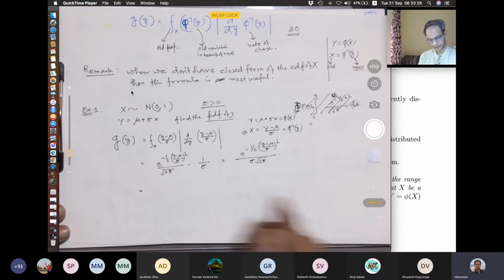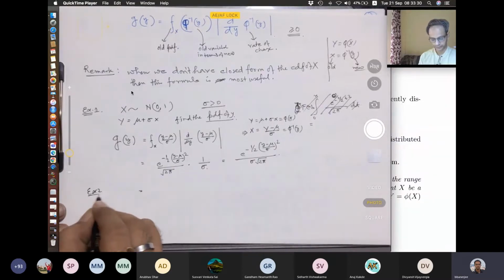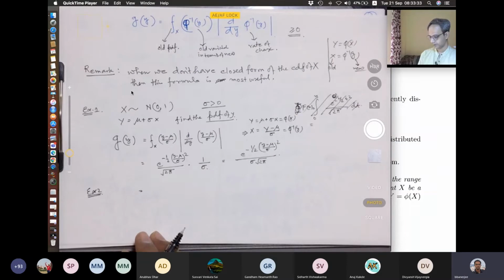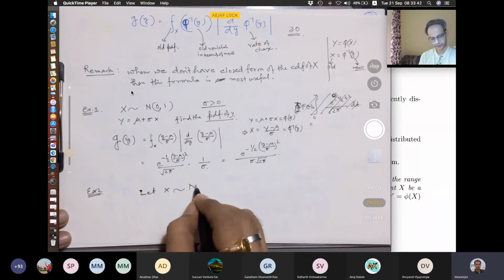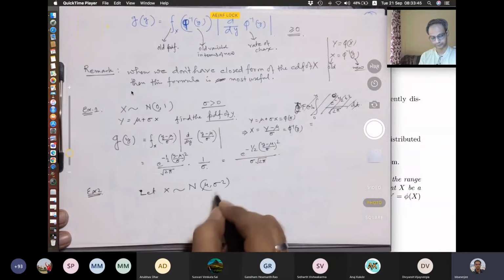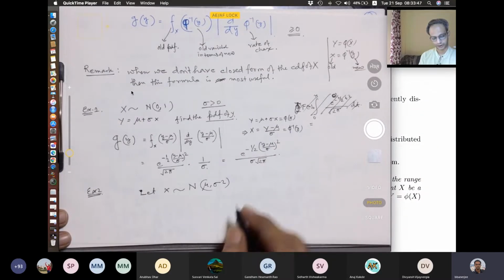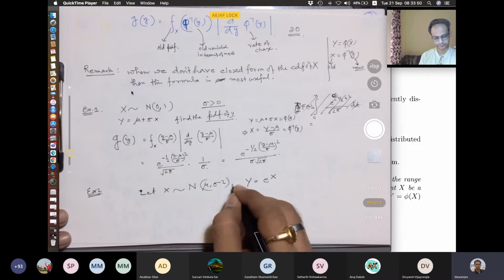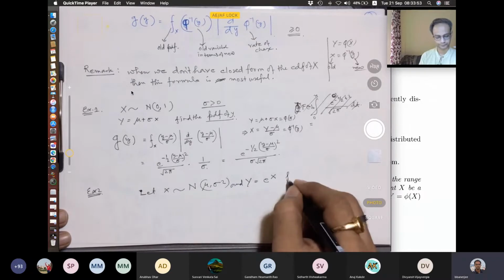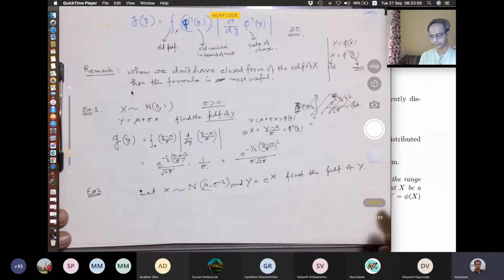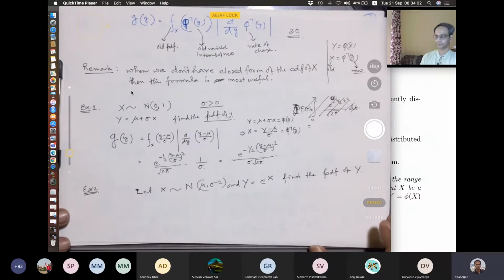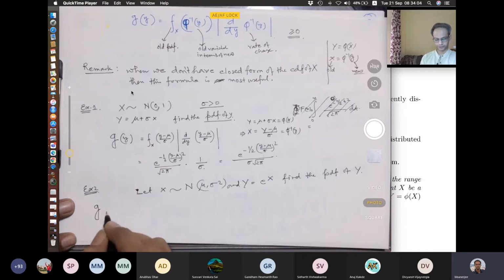Okay. Now again another exercise you can do. So let X follow normal mu sigma square, and Y equals e to the power X. Find the PDF of Y. Well, quickly, g of y.